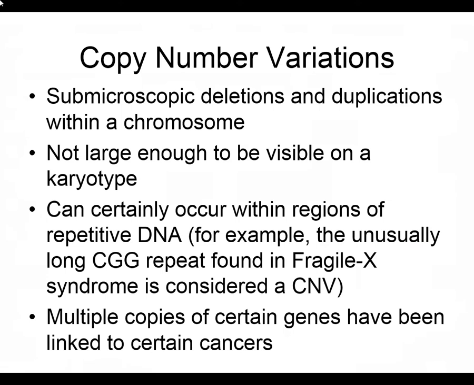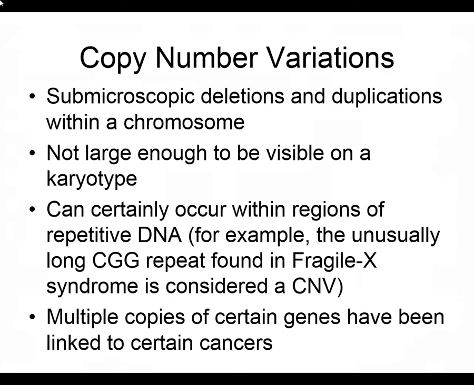Not completely unrelated to our discussion of Fragile X syndrome is a concept called copy number variations. And again, like fragile sites, we don't really know all the information about this, but by doing the Genome Project, we've discovered that different individuals have more or less copies of certain little sections of chromosomes.